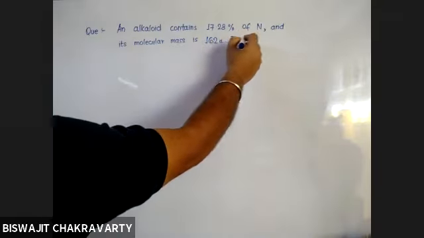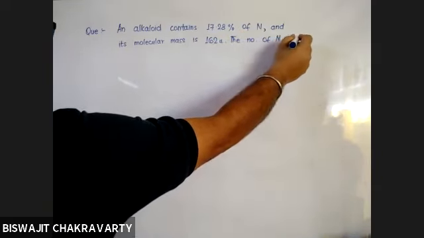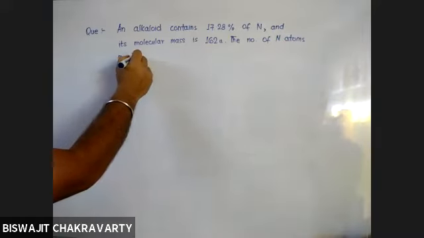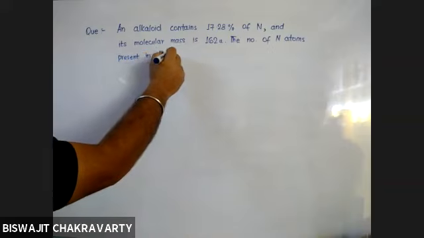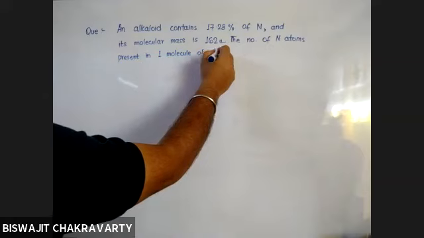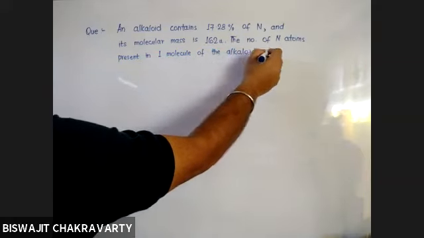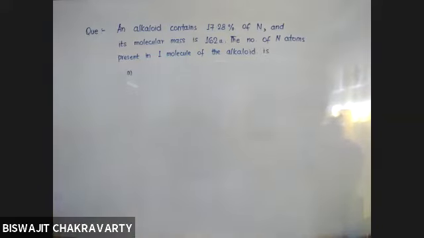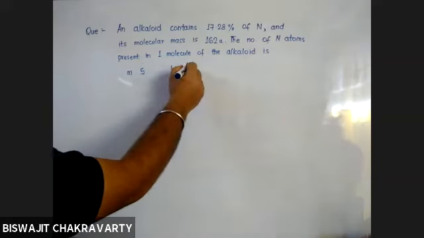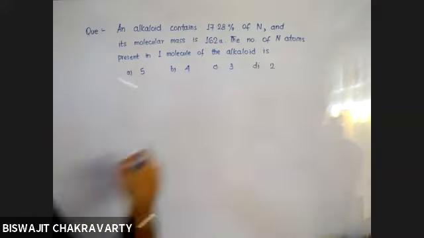The number of nitrogen atoms present in one molecule of the alkaloid is: option A 5, option B 4, option C 3, option D 2.